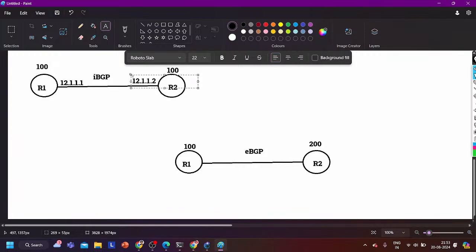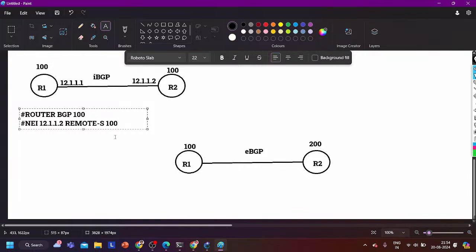Here the IP address is 12.1.1.2. Right? And now on router number 1, I am going to run the command router bgp AS number 100. Once I hit enter, R1 will allocate some memory to BGP AS number 100. And now I am going to say your neighbor is 12.1.1.2, and the remote AS, meaning the AS number of your neighbor, is 100.